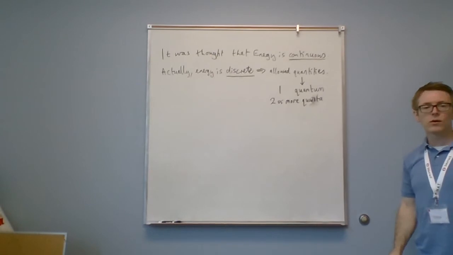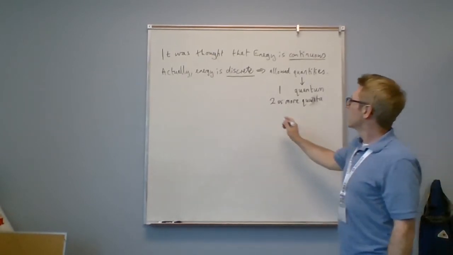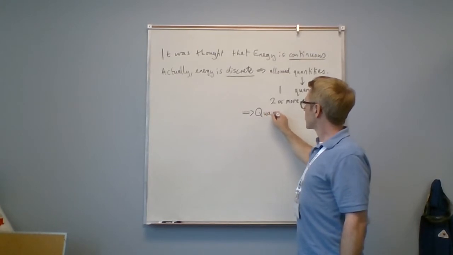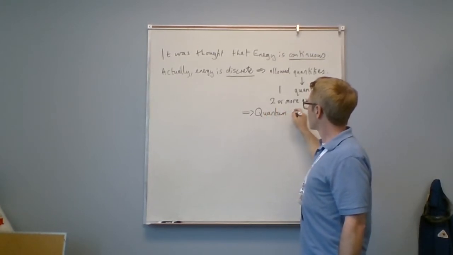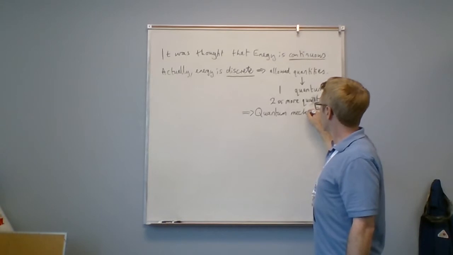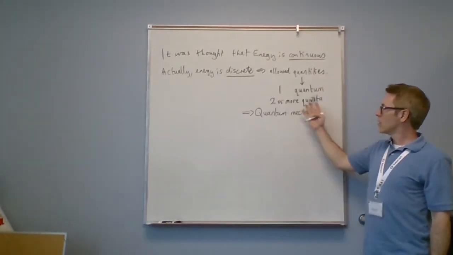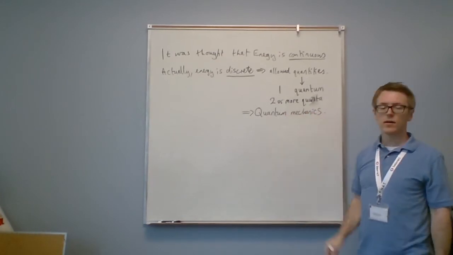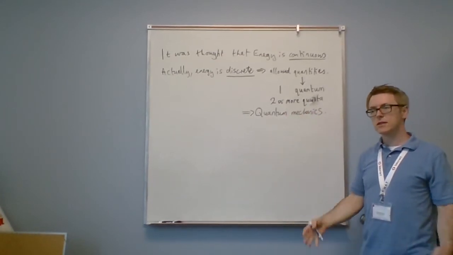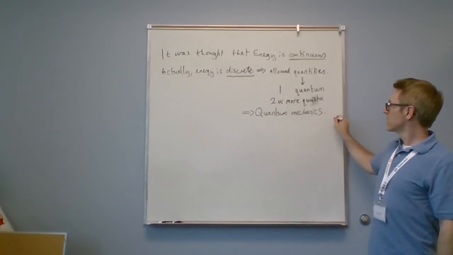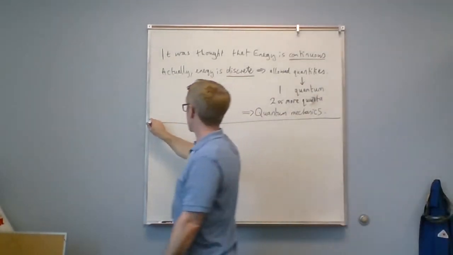One quantum, or two or more quanta. And this is where the name quantum mechanics came from. Quantum mechanics, or the mechanism of how systems with discrete energies operate, is what we're looking at currently.